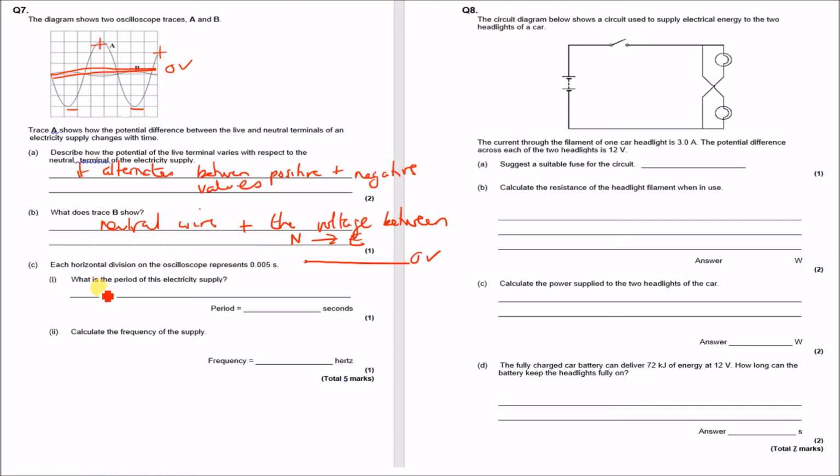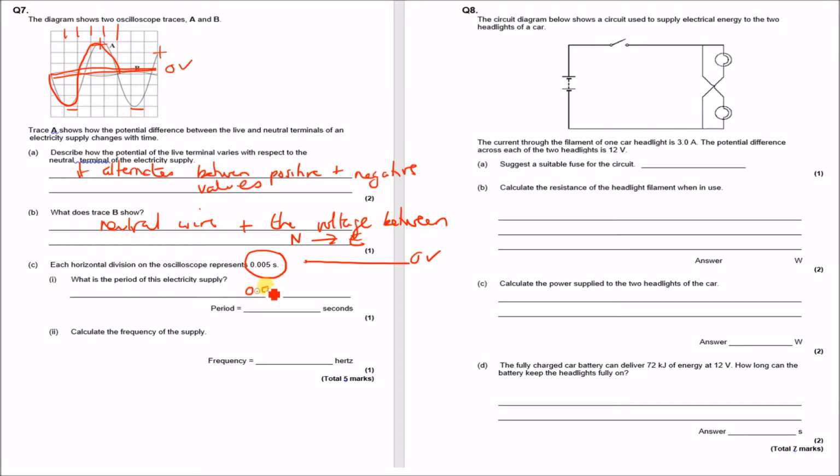Right, what is the period of this electricity supply? Well, we just said that you need to work out the time period based on a division, and if each division is 0.005 seconds, then we need to know how many divisions there are. Starting here, we've gone down and back up and down to here again, and that is 1, 2, 3, 4, 5 divisions.